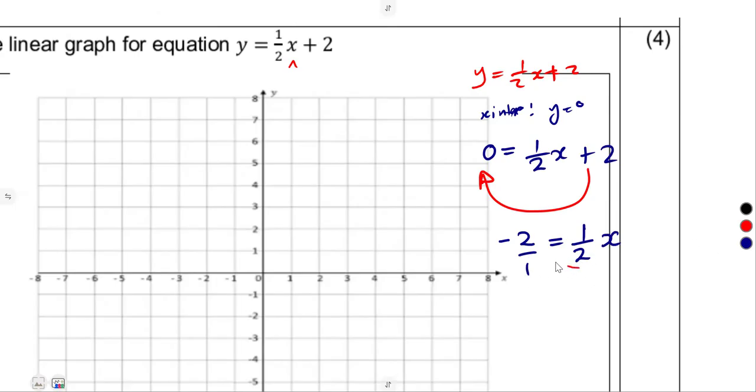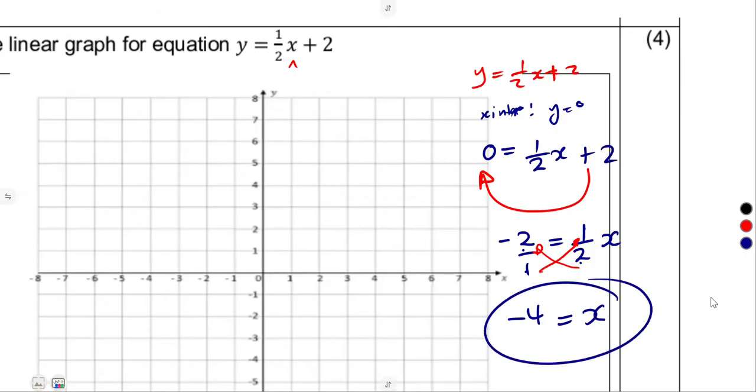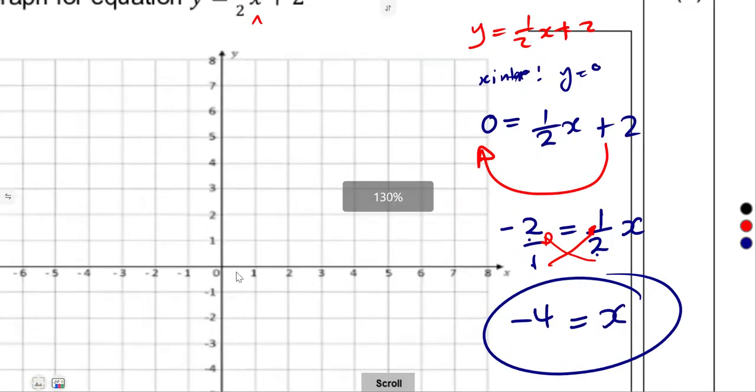Simply cross multiply. 2 multiplies here, 1 multiplies here. 2 times minus 2, that's minus 4, is equal to 1 times 1x. That is x. So your x-intercept is at minus 4, where it crosses the x-axis. It crosses the x-axis at what? At minus 4. So minus 4, that's here you mark your point.